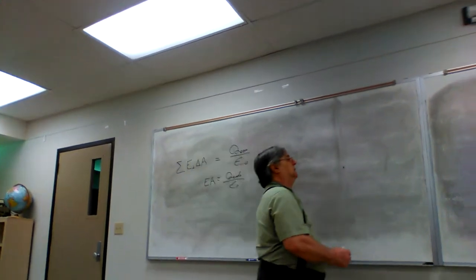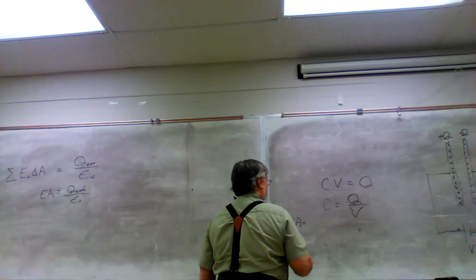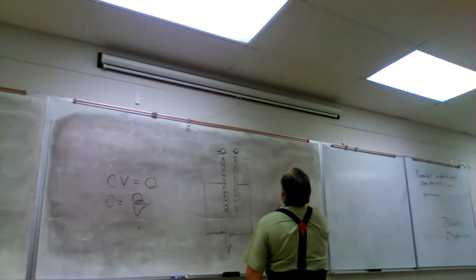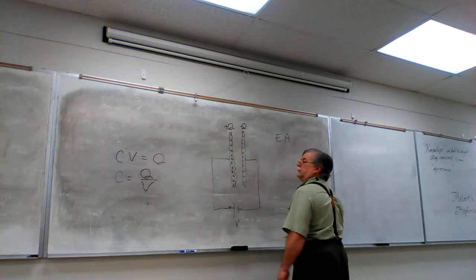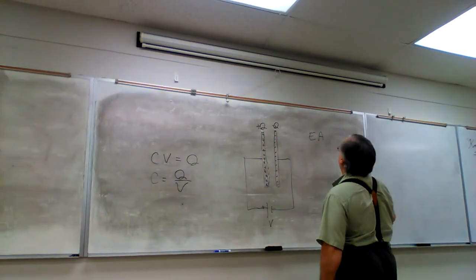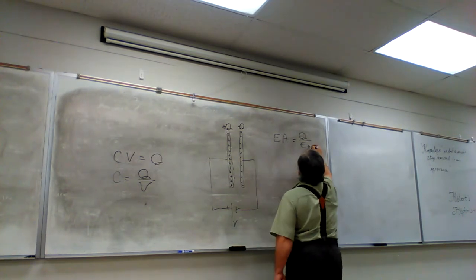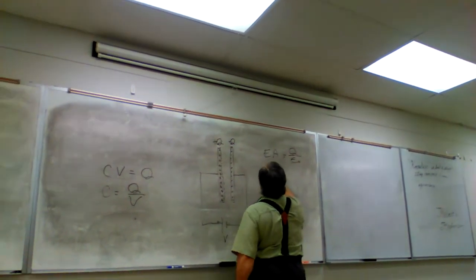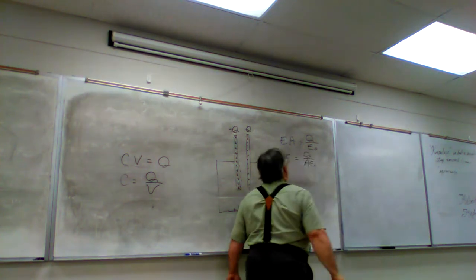Here we've got E times the area is equal, and this is going to get real messy real quick, so I'm going to move over here. We've got our E field times the area of the conductive surface is equal to Q over epsilon sub naught, which means our E field is simply equal to the charge divided by the area times epsilon sub naught.